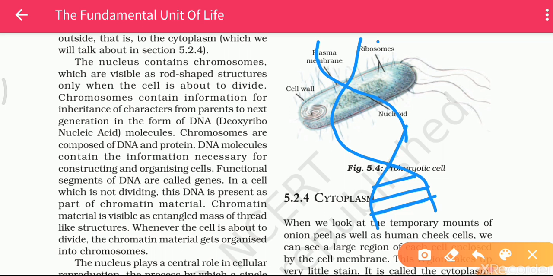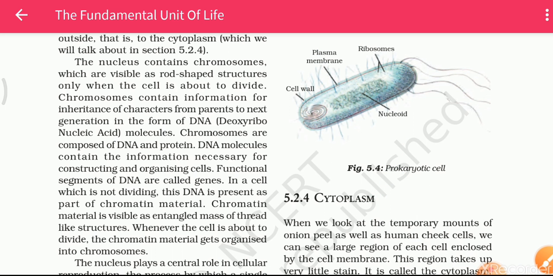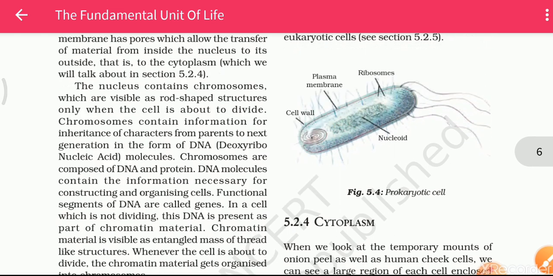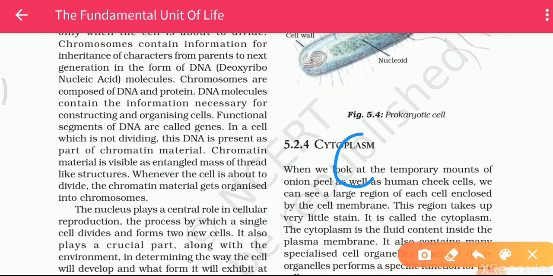And when cell division takes place, the chromatin material is converted into chromosomes. The structure of the chromosome is like this: this one is a centromere, and this one is the arms of a chromosome.